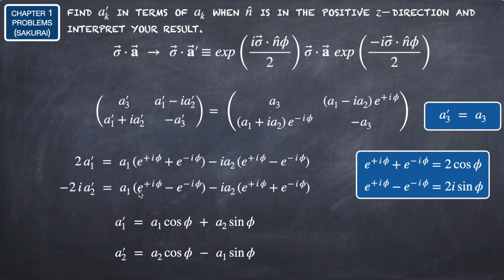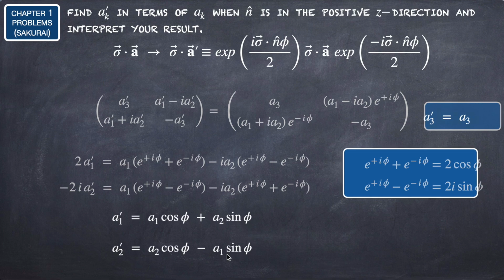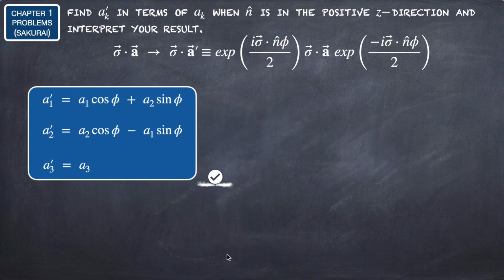And this one we will get A1 minus the sine of phi, because we eliminate minus 2i. Okay, so we get these two equations here, and this is the answer. This is what we were looking for. We just found Ak prime in terms of Ak.